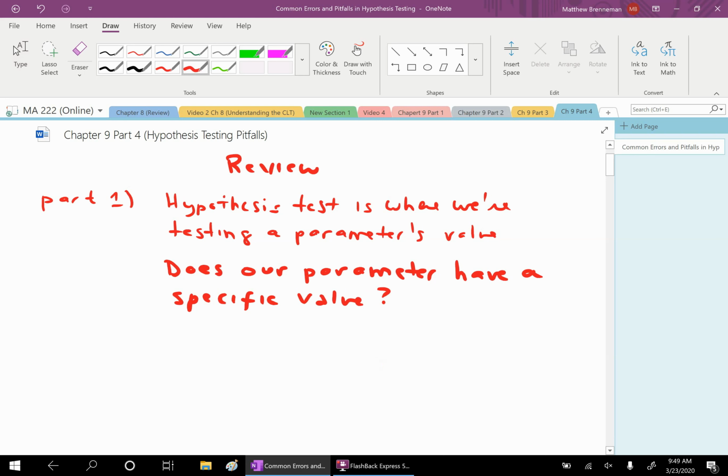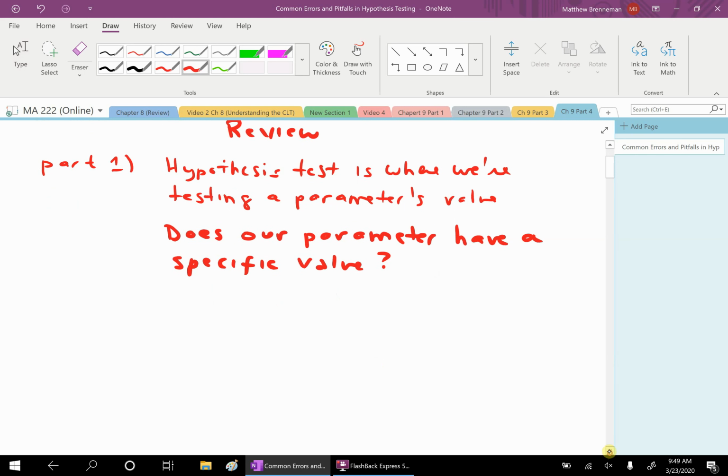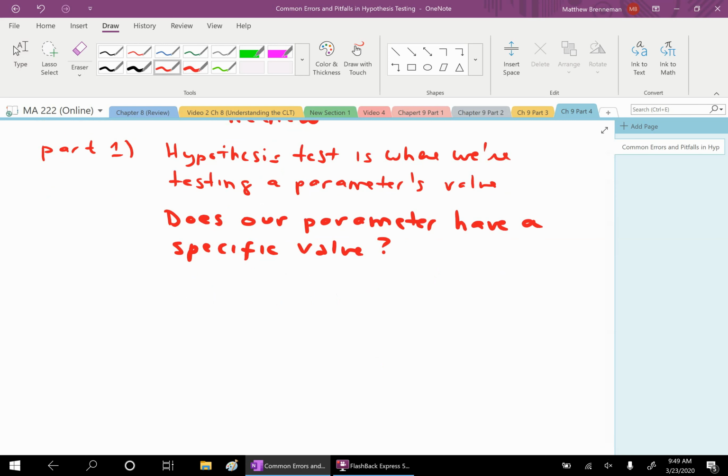Now, where does that specific value that we're referring to come from? Well, this was really the topic that we covered in part 2. So part 2 talked about how we formulate this question in a statistical manner, but also the applications in which these sorts of questions arise.